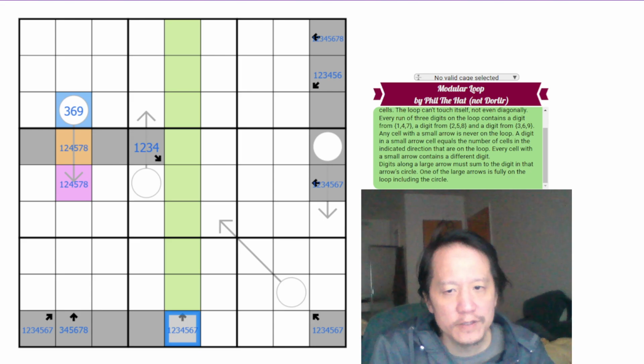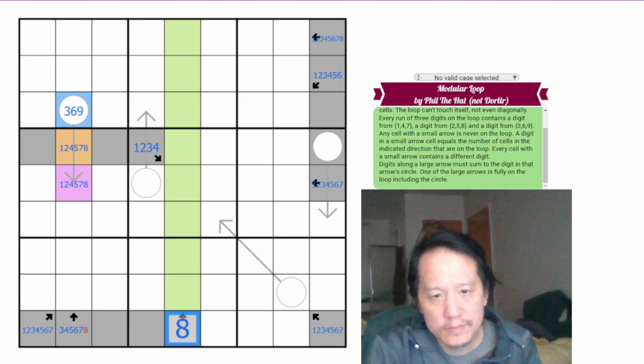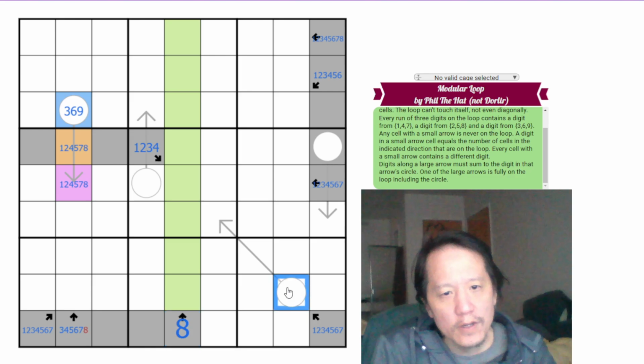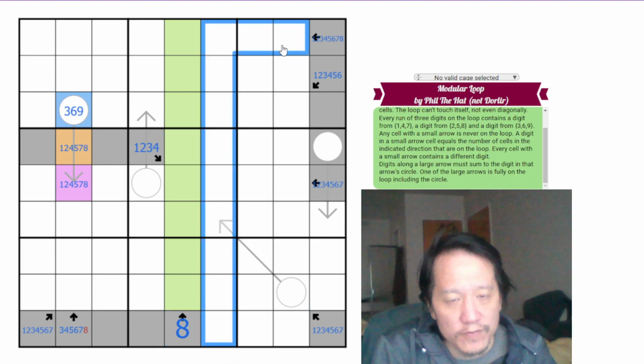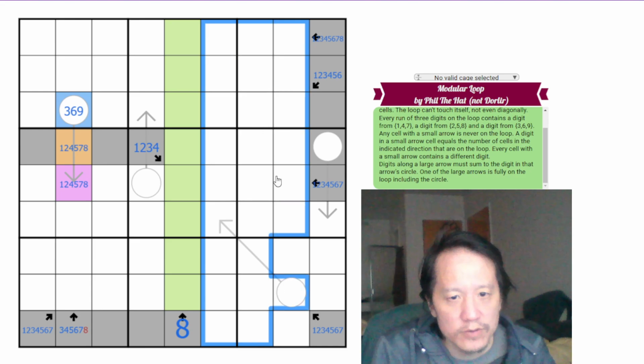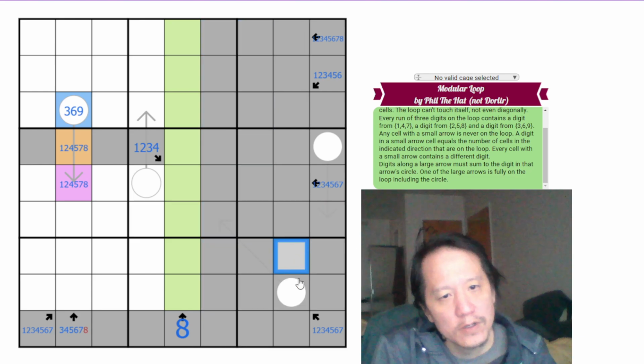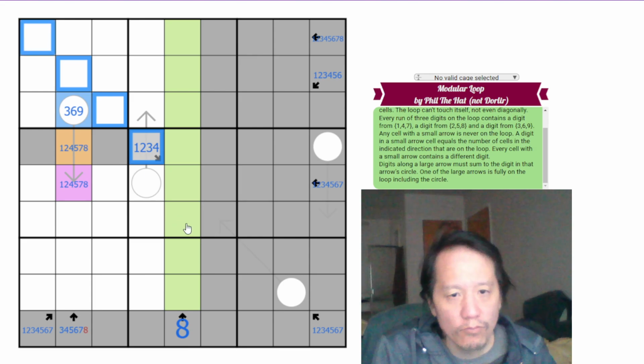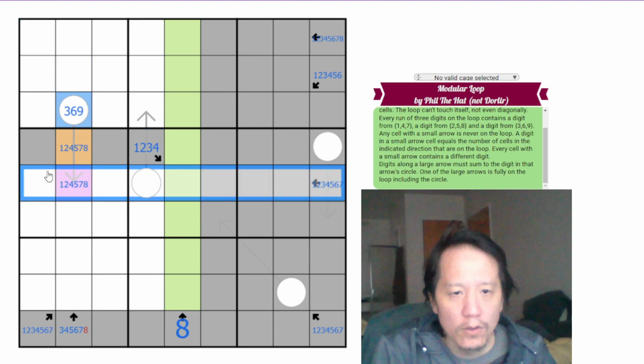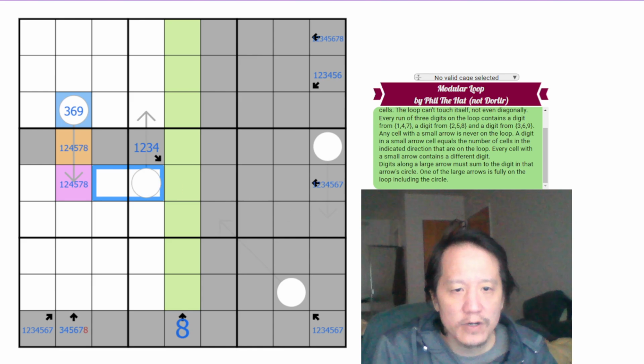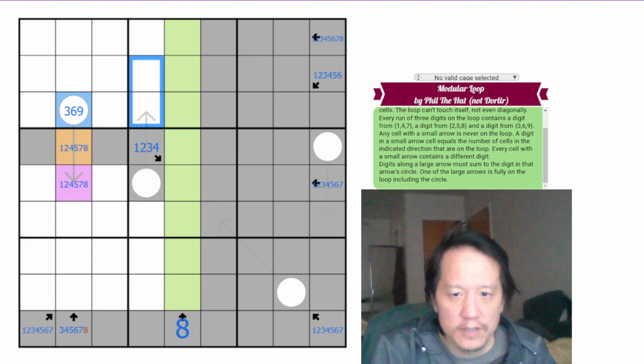So we're trying this as 8. If that's the case, all of this becomes not possible. These would not be possible. Well, this one can't be possible.